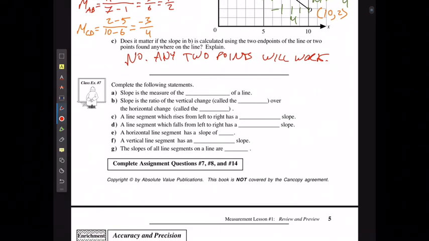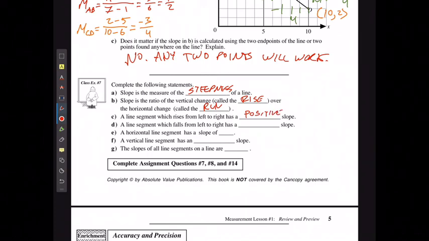For the statements, slope is the measure of the steepness of a line. Slope is the ratio of the vertical change, called the rise, over the horizontal change, which we call the run. A line segment which rises from left to right has a positive slope.